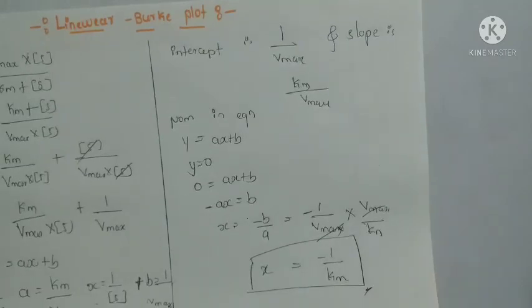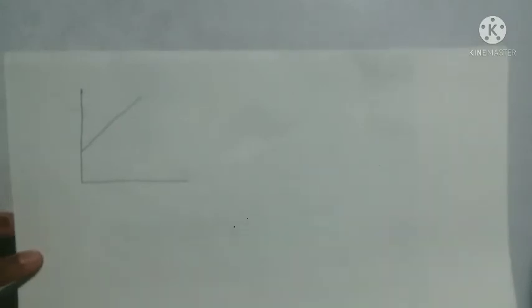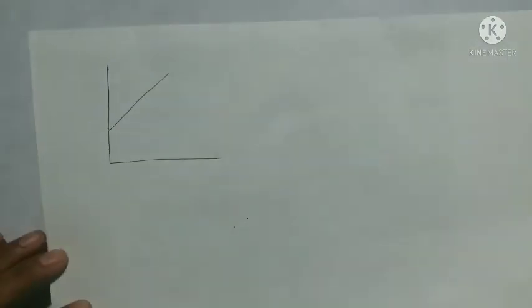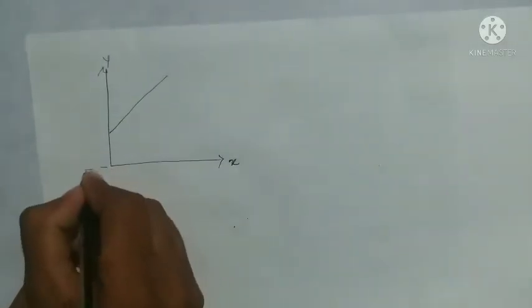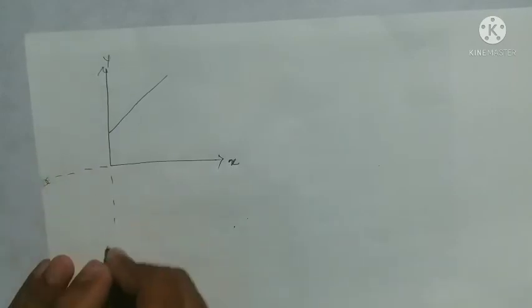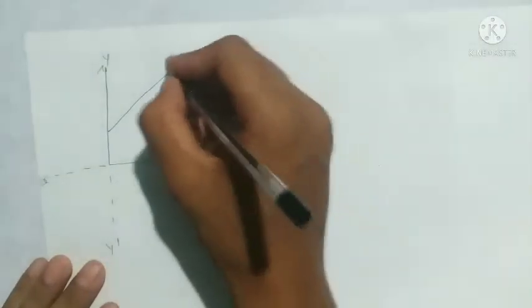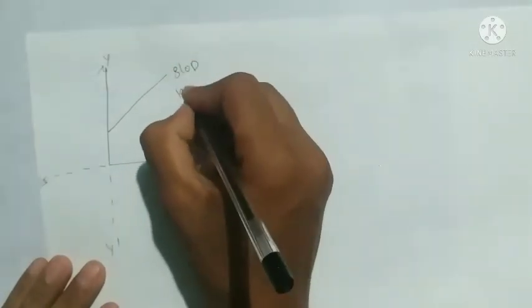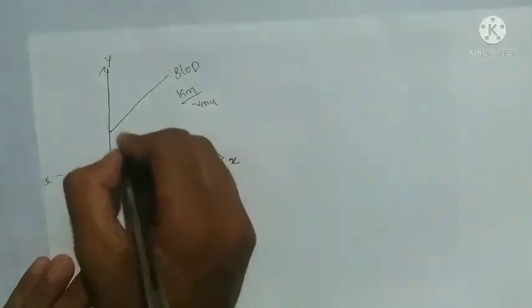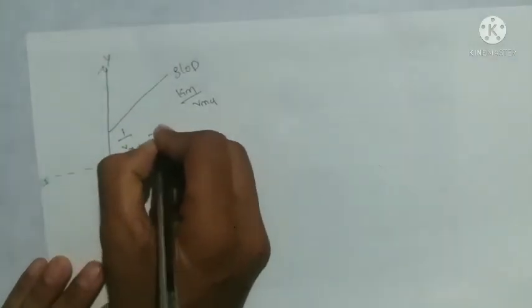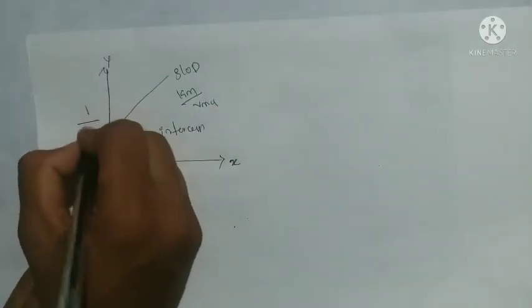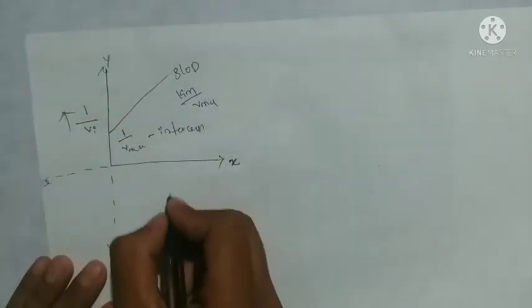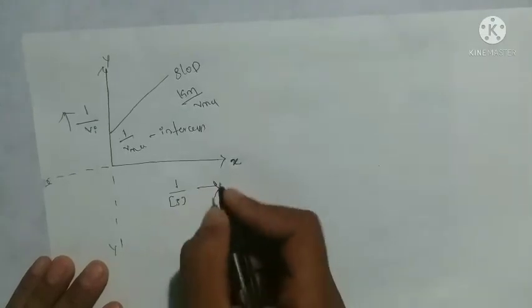Let us see the graph. In the graph of this Lineweaver-Burk plot, there are the x and y axes and the x dash and y dash axes. Here the slope is Km by V max, and the y-intercept is 1 by V max. On the y-axis is 1 by Vi, the initial velocity, and on the x-axis is 1 by the concentration of the substrate.